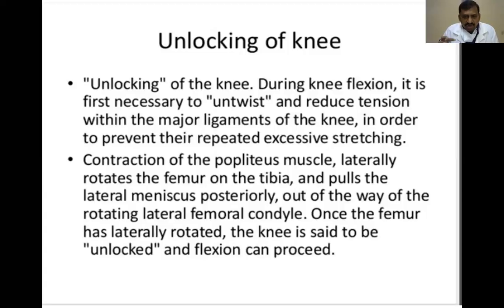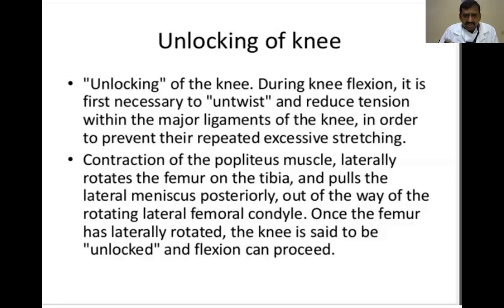If you want to initiate flexion of the knee, it is first necessary to untwist and reduce tension in the major ligaments of the knee in order to prevent their repeated excessive stretching.